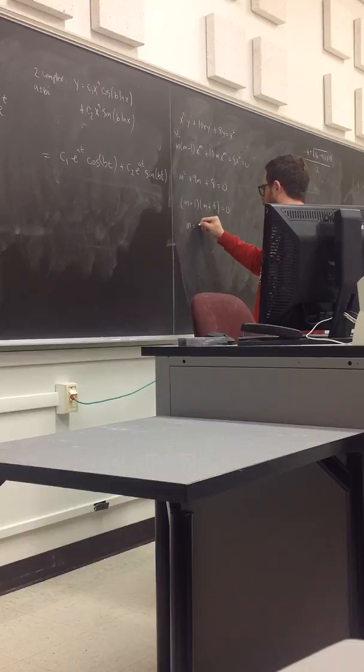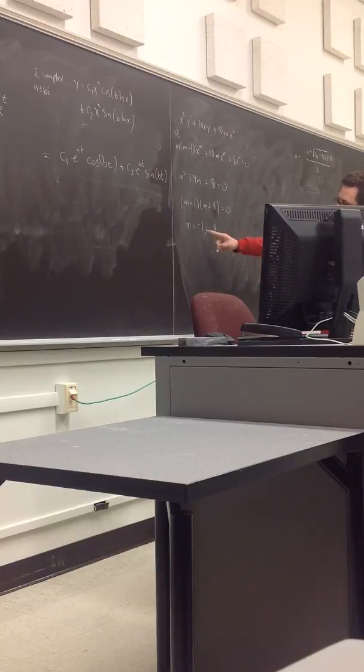Solutions: m equals minus 1, minus 8. Let's call this y1 and this y2. y1 equals x to the minus 1, y2 equals x to the minus 8. This gives us the complementary function.